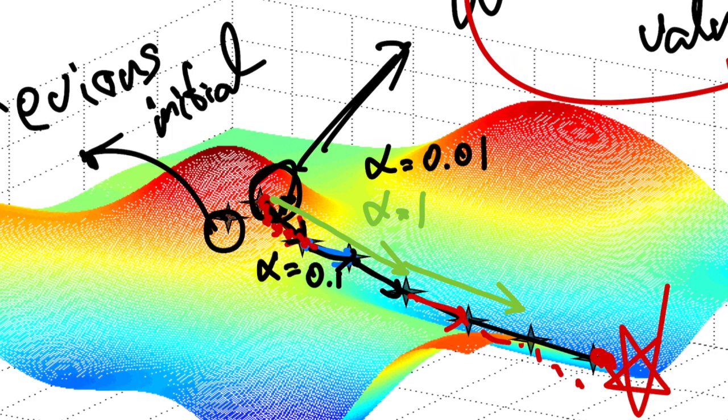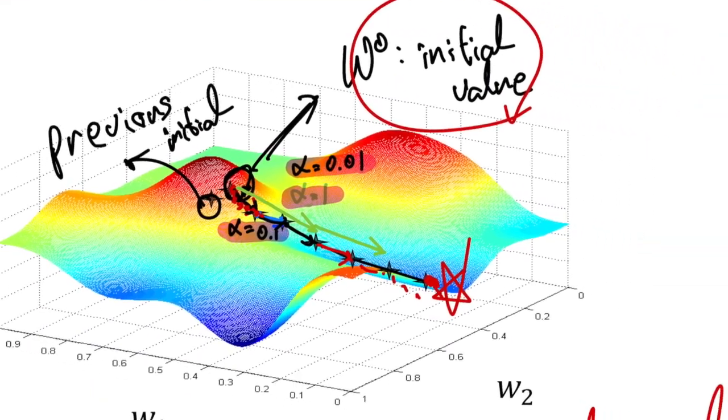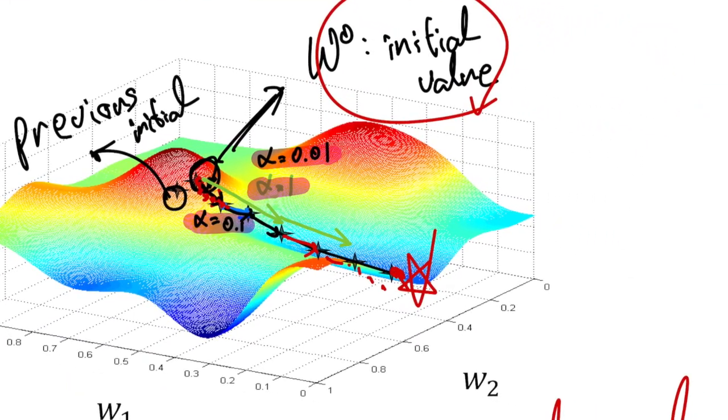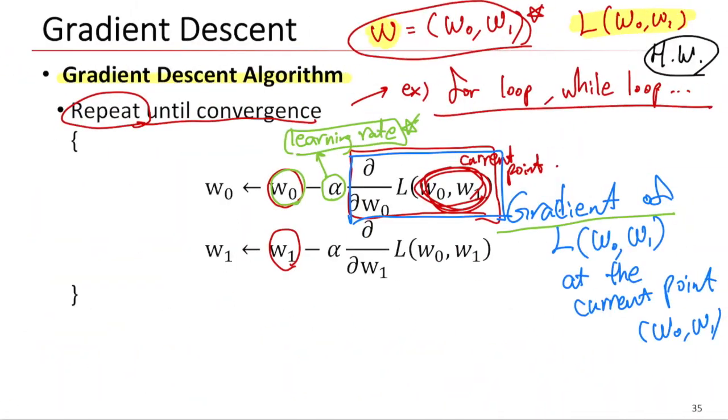As you can see here, depending on this learning rate, the path of the gradient descent algorithm will change. So the learning rate is also a very important factor in the gradient descent algorithm.